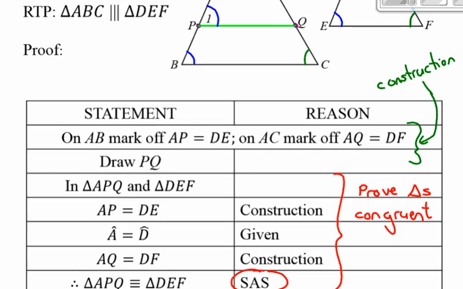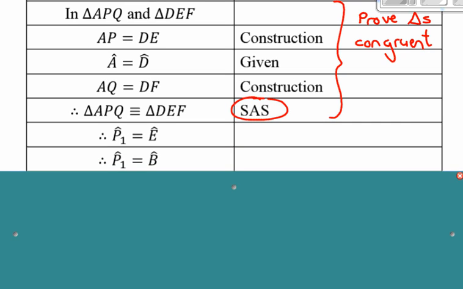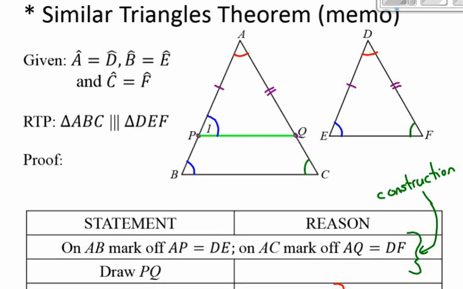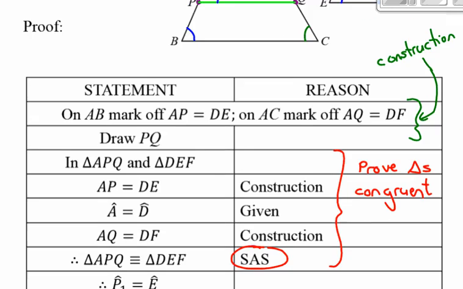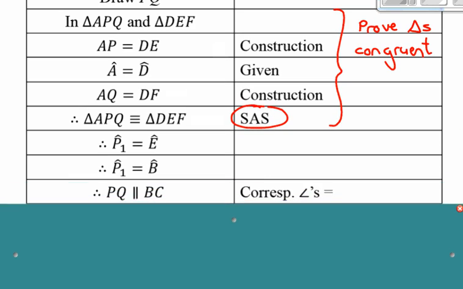However, we stated right at the beginning that angle E is equal to angle B. But we also said now that angle E is equal to P1. So we can conclude that angle P1 is equal to angle B. Which then leads us on to parallel lines.